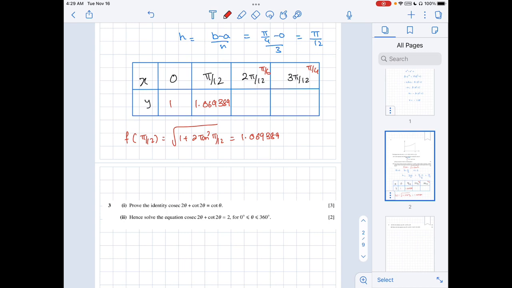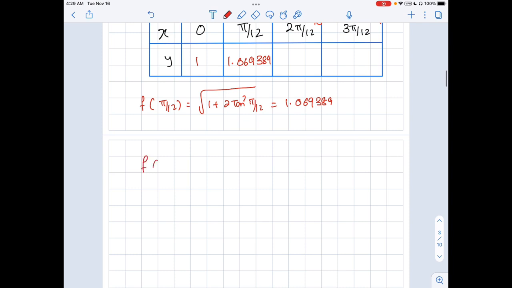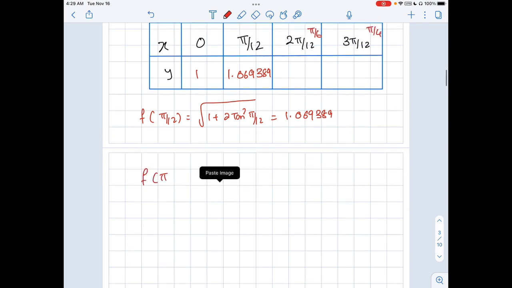I quickly add a page over there. Now next I substitute f of pi upon 6, which is the square root of 1 plus 2 tan squared pi upon 6. I use the calculator and I get 1.290994.